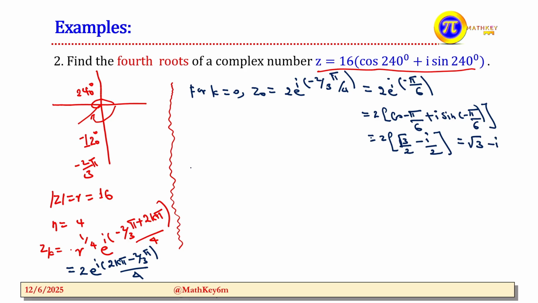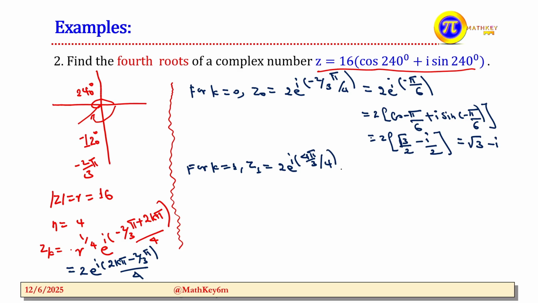The other one, for k is equal to 1. This is z1, equal to 2 times e to the power of, substituting 1 here, it becomes 2 pi minus 2 over 3. When you take 3 as LCM, this means 6 pi minus 2 pi, that is 4 pi over 3. Here it is 4 pi over 3 divided by 4.